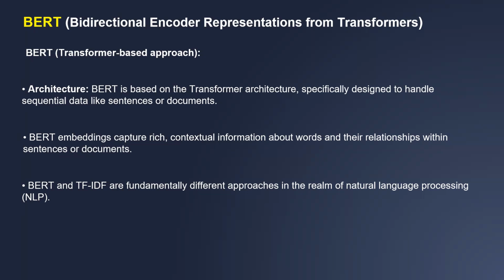The architecture of BERT is based on the transformer architecture, specifically designed to handle sequential data like sentences or documents. BERT embeddings capture rich, contextual information about words and their relationships within a sentence or document.